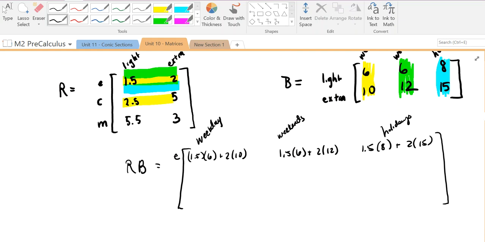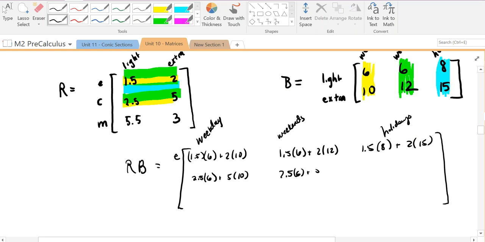And then cream, I have 2.5 times 6 plus 5 times 10. And cream, 2.5 times 6 plus 5 times 12. And cream, 2.5 times 8 plus 5 times 15.